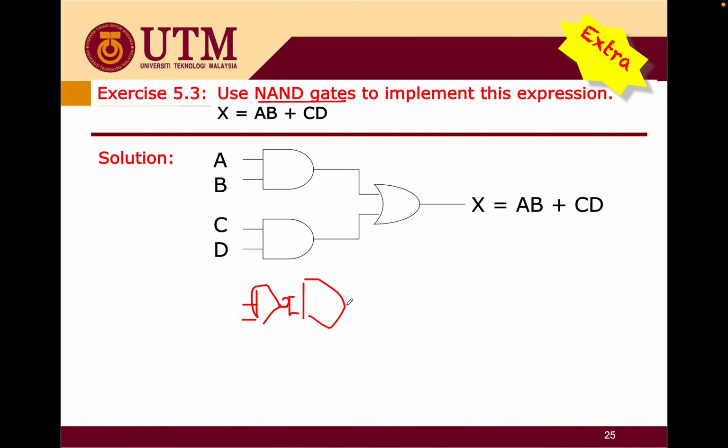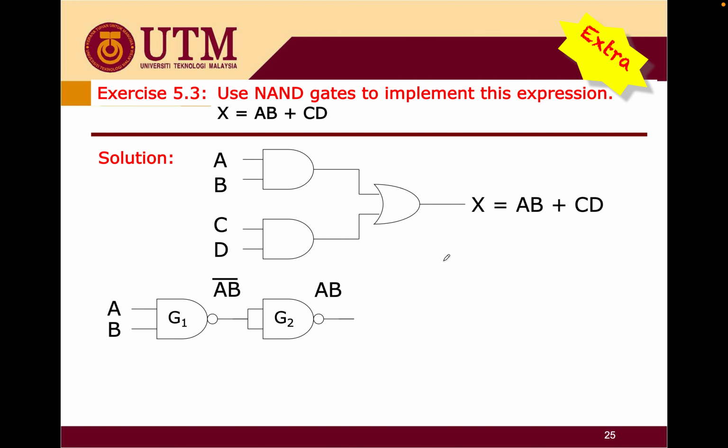There is a bubble, okay, this one, and you need to have another. My drawing is quite ugly because I didn't bring my pen. Okay, this one is represented as an AND gate.